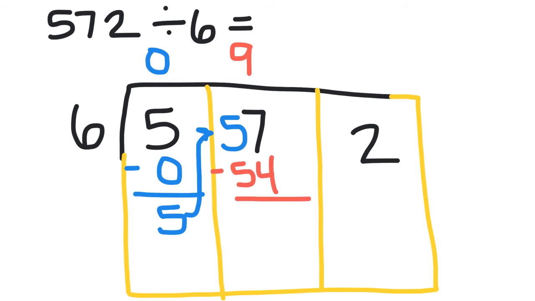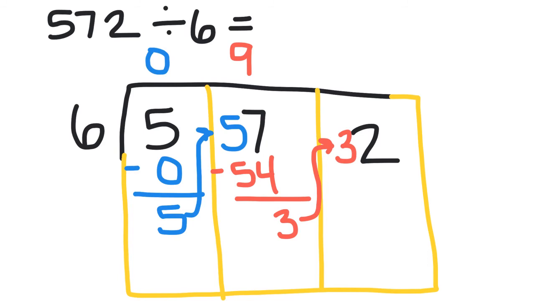So I will take away my 9 6s, and I'm left with 3. I need to bring that 3 up into my final column. So I have my 32 up there.